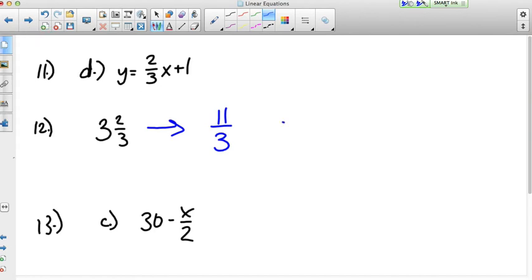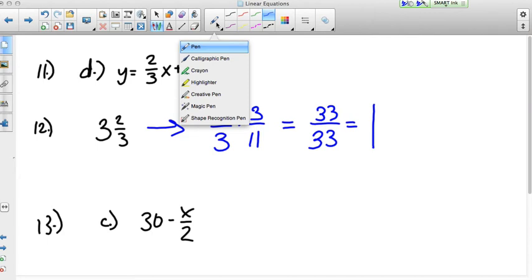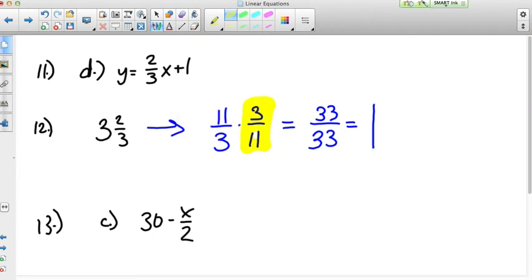Then in order to multiply 11 over 3 by something that will give me 1, I multiply 11 over 3 by the reciprocal, which is 3 over 11, because if I multiply straight across, 11 times 3 is 33, over 3 times 11, which is 33, which reduces to 1. So my answer here is 3 over 11.